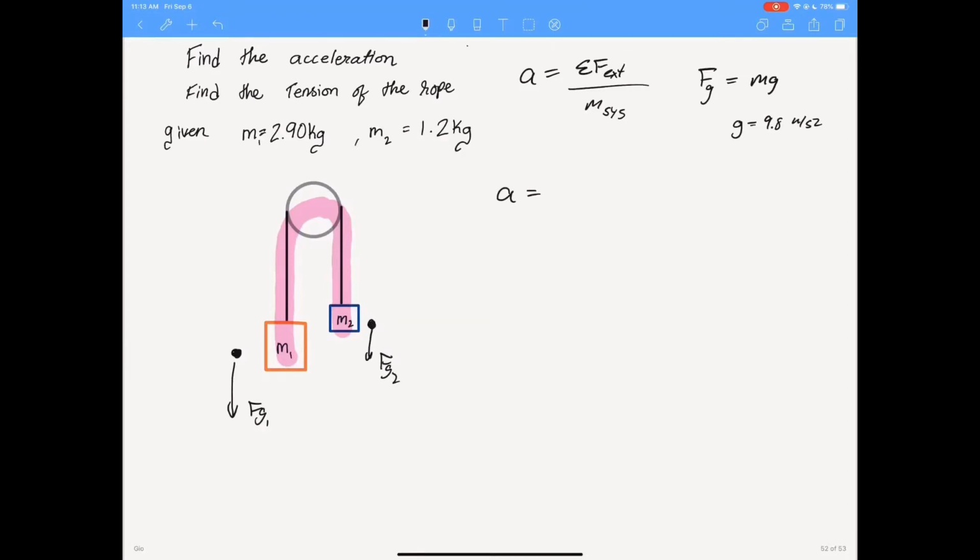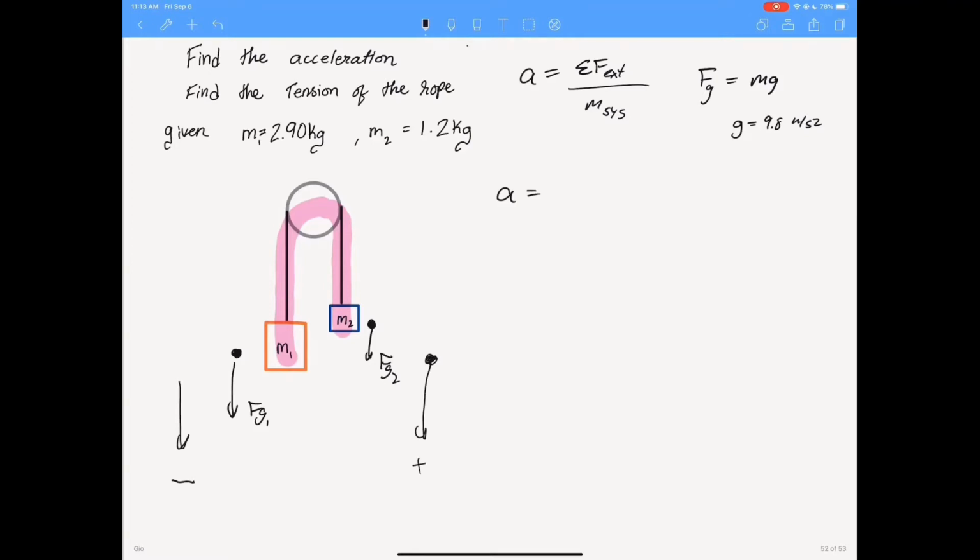Let's also make a point of reference. As you can guess, either it will go down on the left side or go down on the right side. These two objects are moving together, but let's give it a general direction. If it goes down on the left side, it'll be negative, and if it goes down on the right side, it'll be positive.